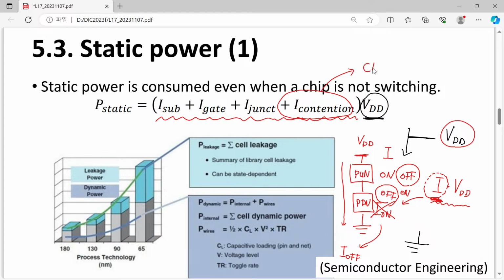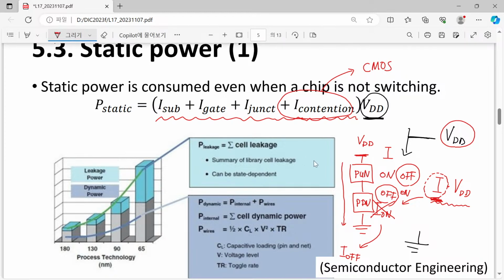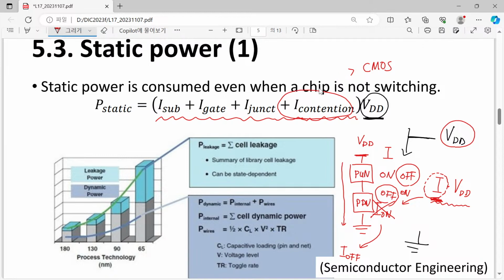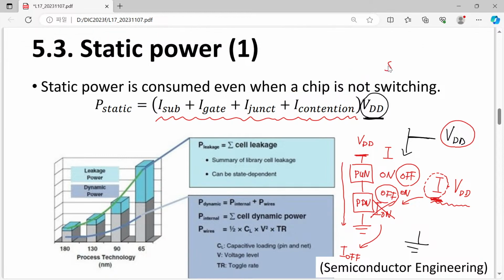This is not for our CMOS logic system, because up to now we have considered CMOS circuits which have two complementary circuits, a pull-up network and a pull-down network, so no direct current path is allowed. However, for some logic families, a direct current path is available, and the contention current is related to those kinds of logic. So that is not of interest in our CMOS implementation.